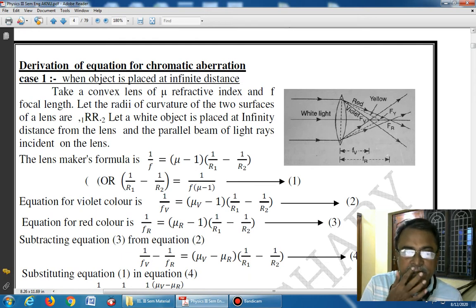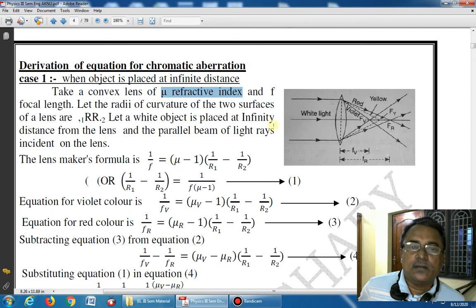In any derivation, we will first give the introduction. Here we are taking a convex lens, and this is the convex lens. Let the general refractive index of this lens be mu, and the general focal length of the lens be f.